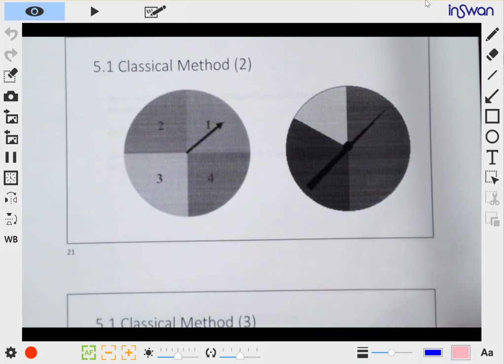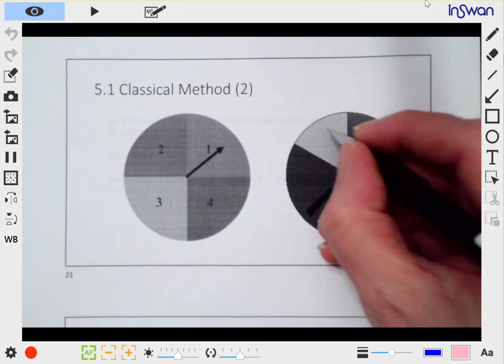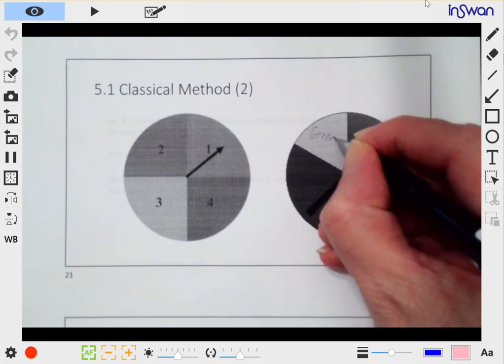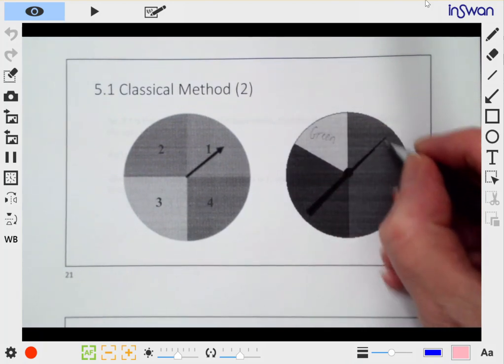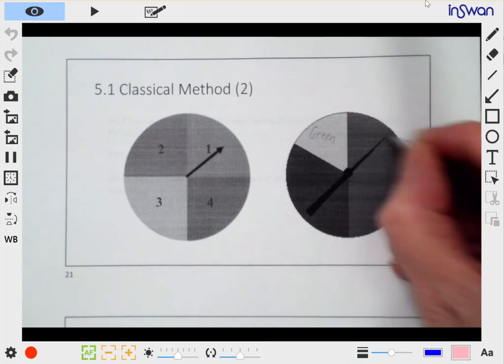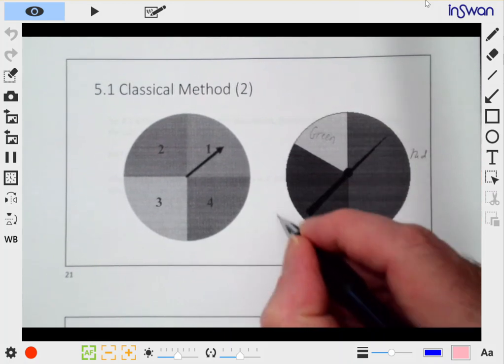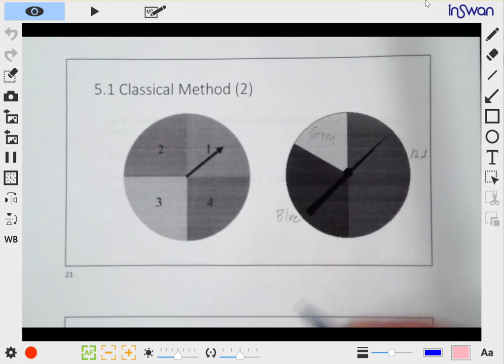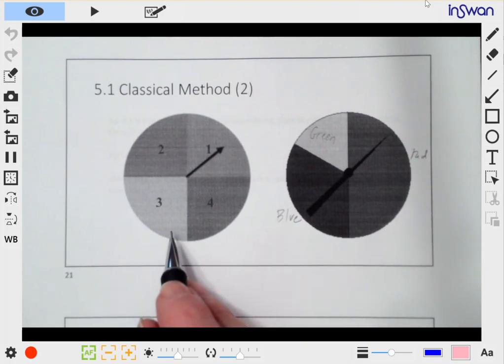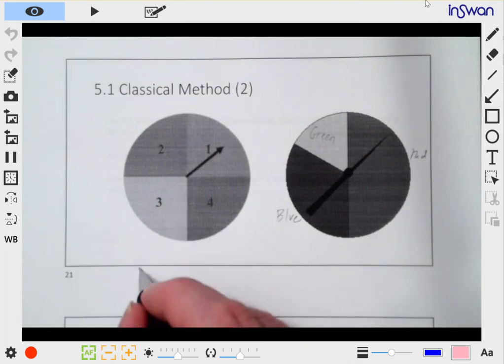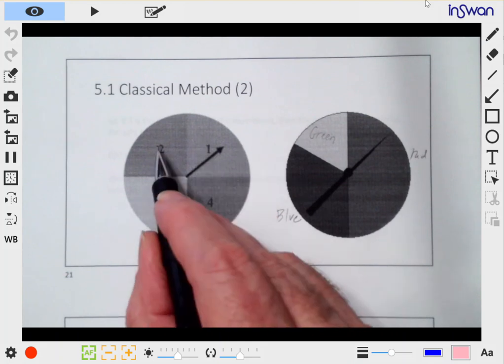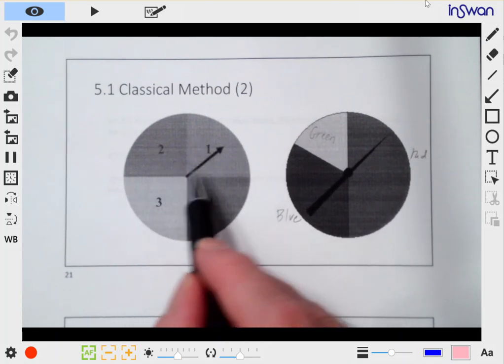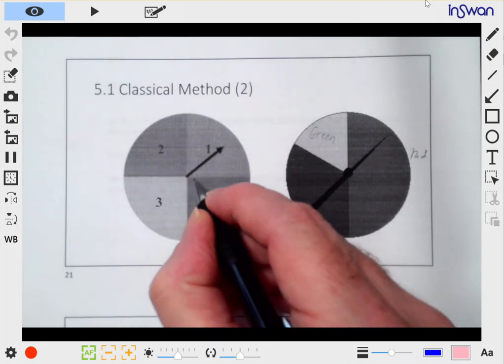So I need to make sure you know what colors we're dealing with here. This is green, this is red, this region here, and this one is blue. With the classical method here, you can see that each of these 4 parts of the circle, can you picture the spinner here?